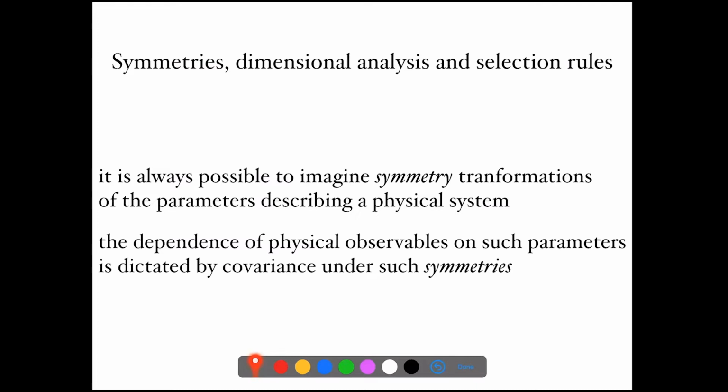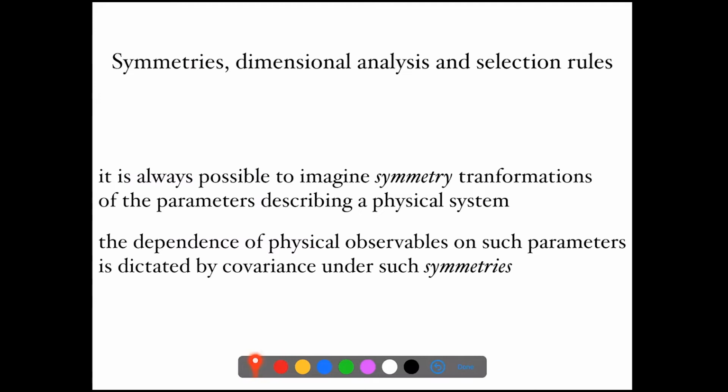So what are these selection rules? It works in the following way, and I will exemplify in a moment. The point is that it's always possible to imagine a symmetry transformation under which also the parameters transform. You can think of the parameters in your Lagrangian themselves as fields or dynamical variables, and you allow them formally to transform.